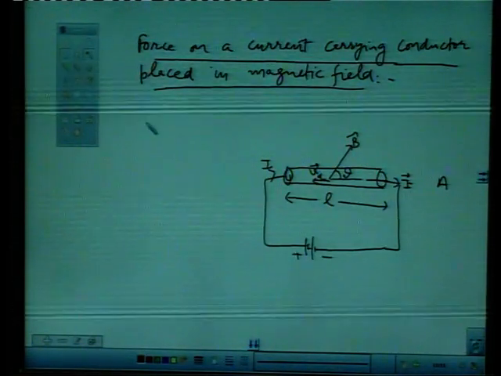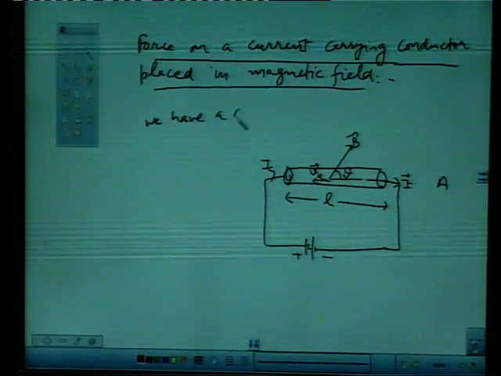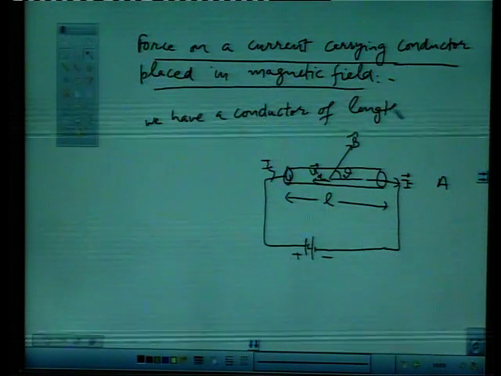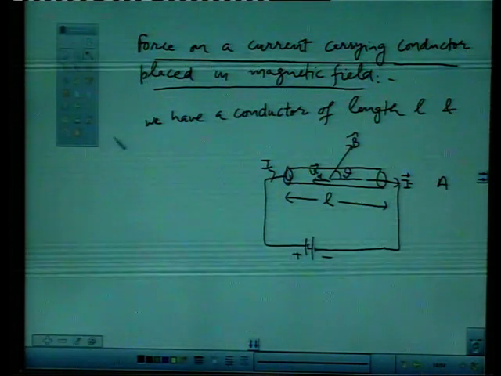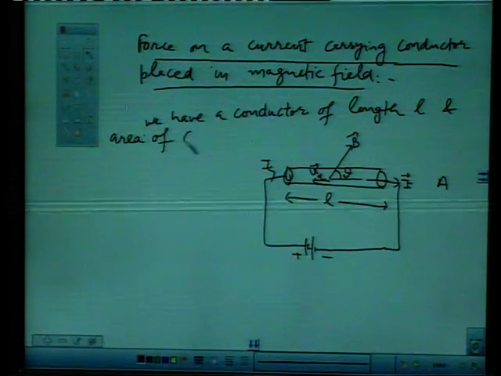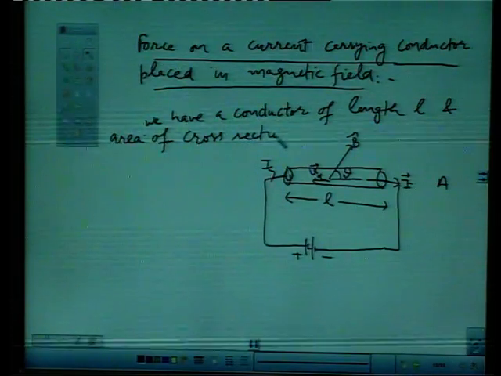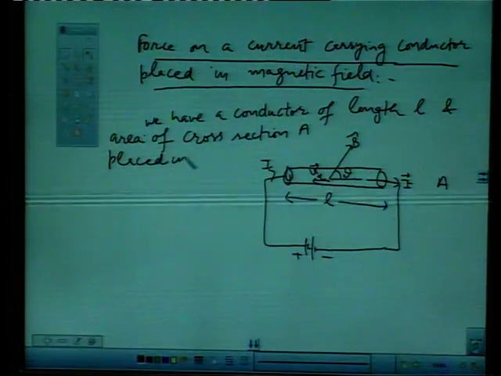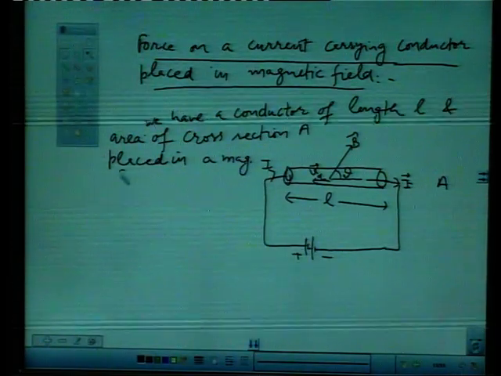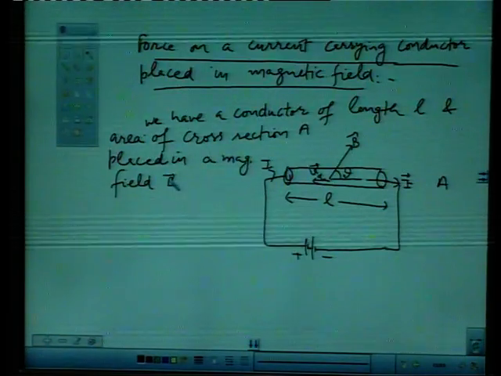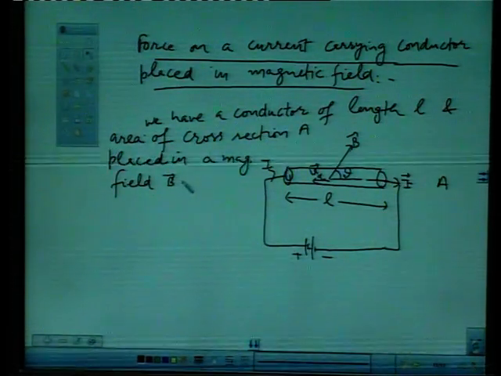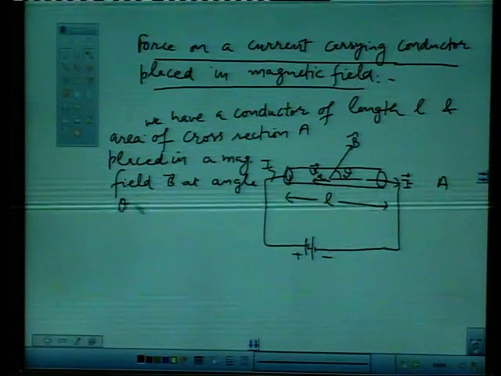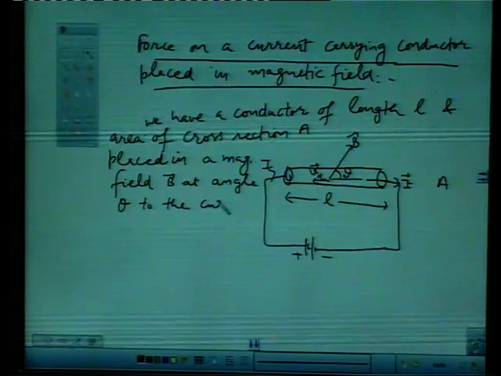So we have a conductor of length L and area of cross section A, placed in a magnetic field B vector at an angle theta to the direction of current.